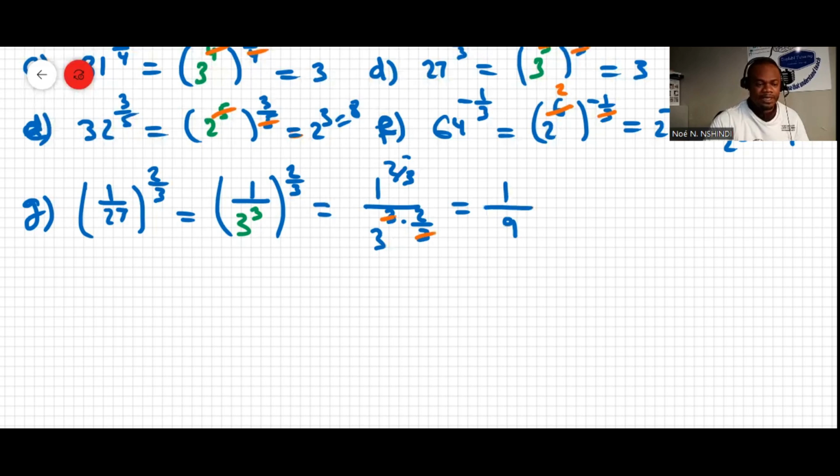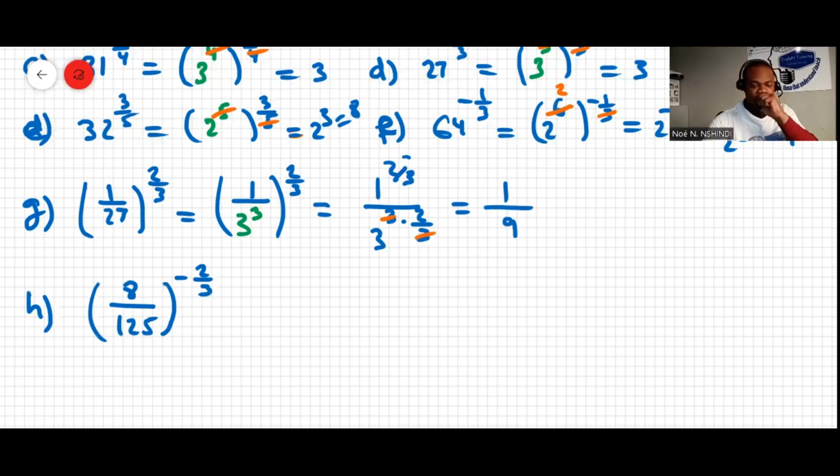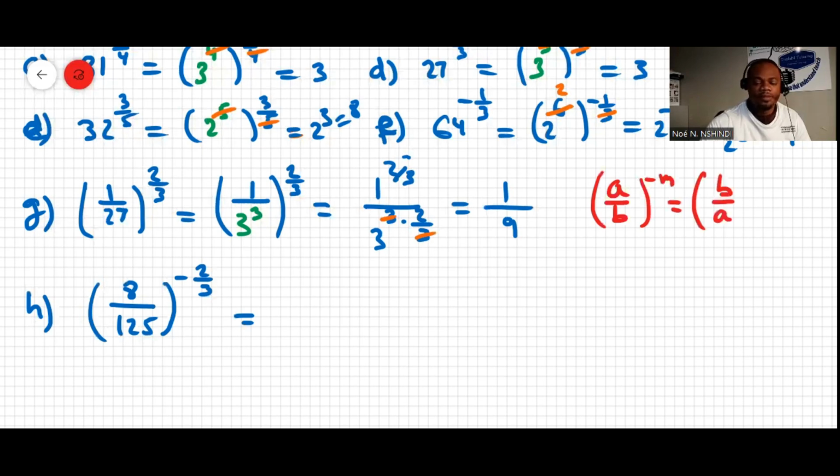Okay, and then H was 8 over 125 to the power of negative 2 over 3. When we have a negative exponent, the law says a over b to the power of negative m is the same as b over a to the power of positive m. So over there, we can write 125 over 8 to the power of positive 2 over 3.